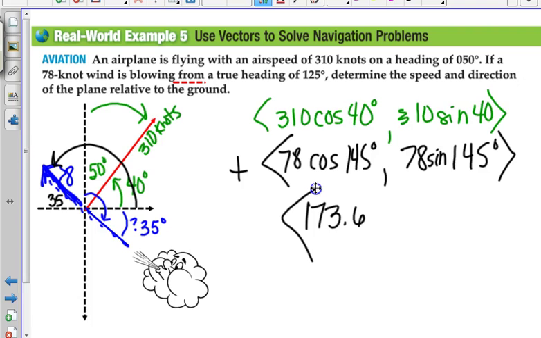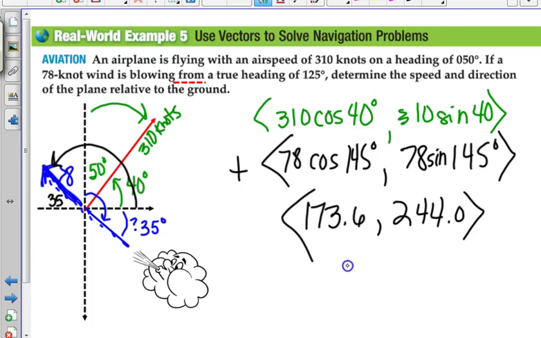Now do it again on the up and down part of the vector, or the vertical part. 310 sine 40, close your parenthesis, plus 78 sine 145. I got 244.0. Anybody else? Okay. Want to know the actual speed of the plane in knots? What are we going to do?